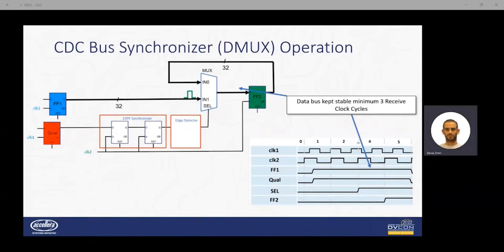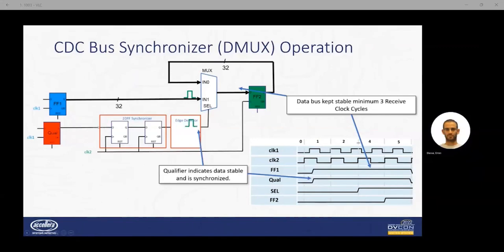We're gonna, in parallel, send the qualifier to the synchronizer. Once we synchronize the qualifier and we generated the pulse from it, we will move the data from flip-flop 1 and sample it to flip-flop number 2.